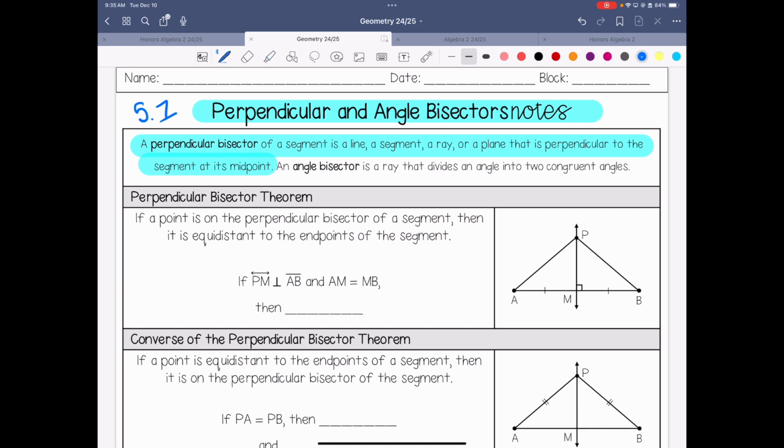So perpendicular means to meet at 90 degrees. We've talked about perpendicular a lot in here. Perpendicular means to meet at 90 degrees, and bisect essentially means to cut in half.